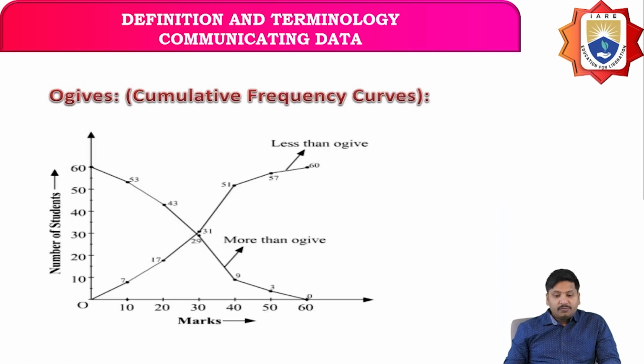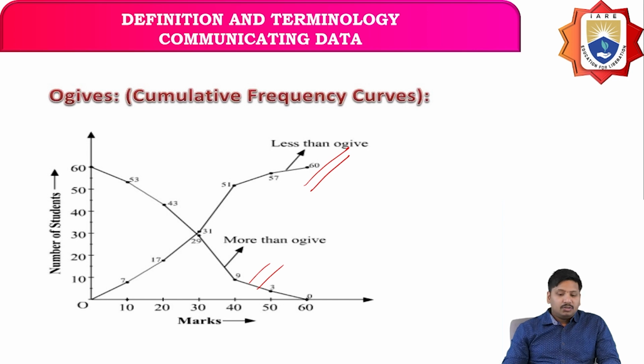The two types of ogives can be drawn in a single plane. If I have a curve like this, this one should be considered the less than ogive, and this one the greater than ogive. The less than ogive means we obtain the line from lower to higher values, and the more than ogive means we obtain the values from higher to lower.